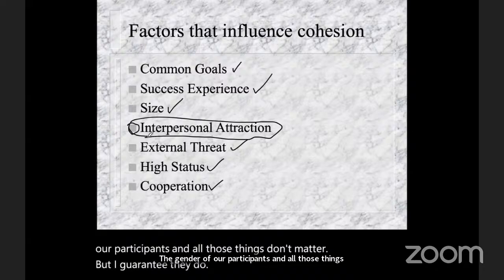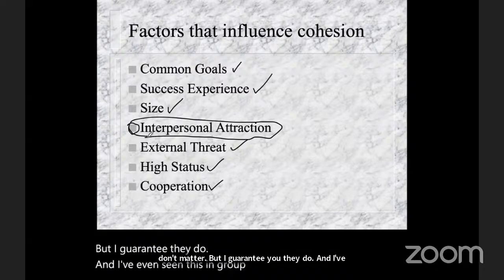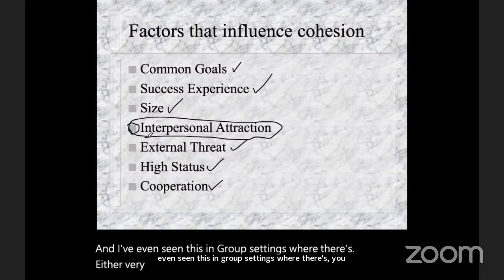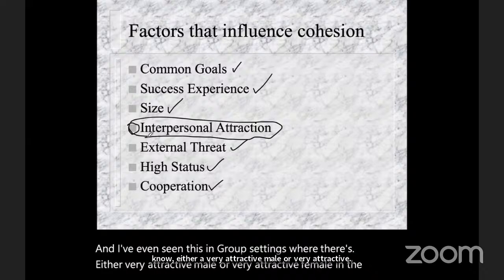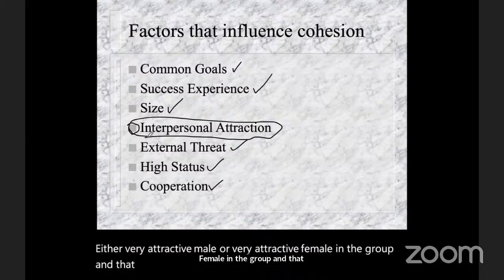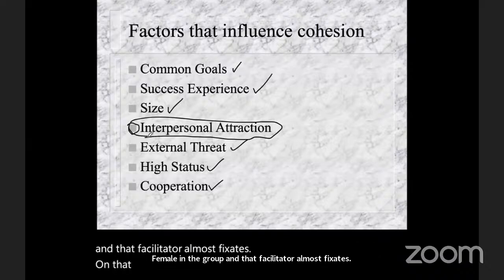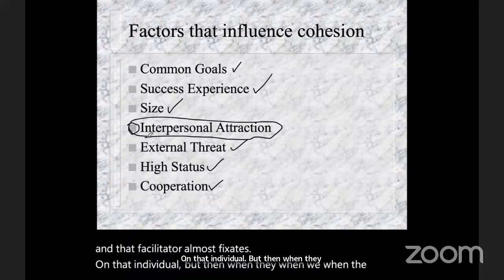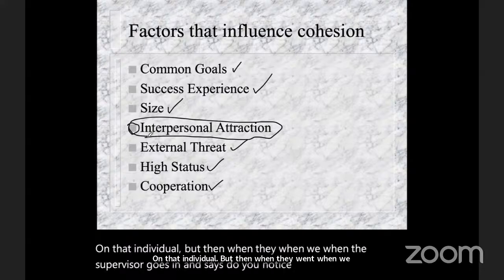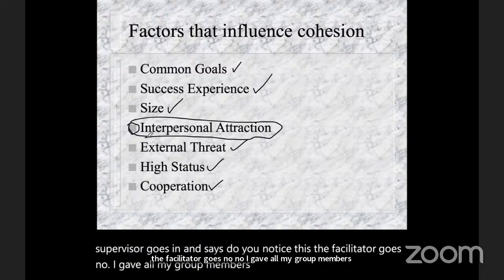And I've even seen this in group settings where there's either a very attractive male or a very attractive female in the group, and that facilitator almost fixates on that individual. But then when the supervisor goes in and says, "Do you notice this?" The facilitator goes, "No, no, I gave all my group members attention." And then we have them watch the recording.